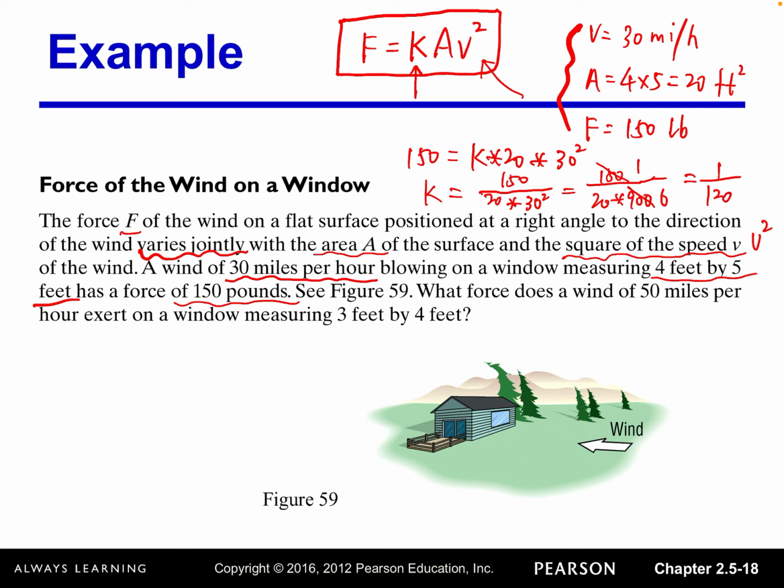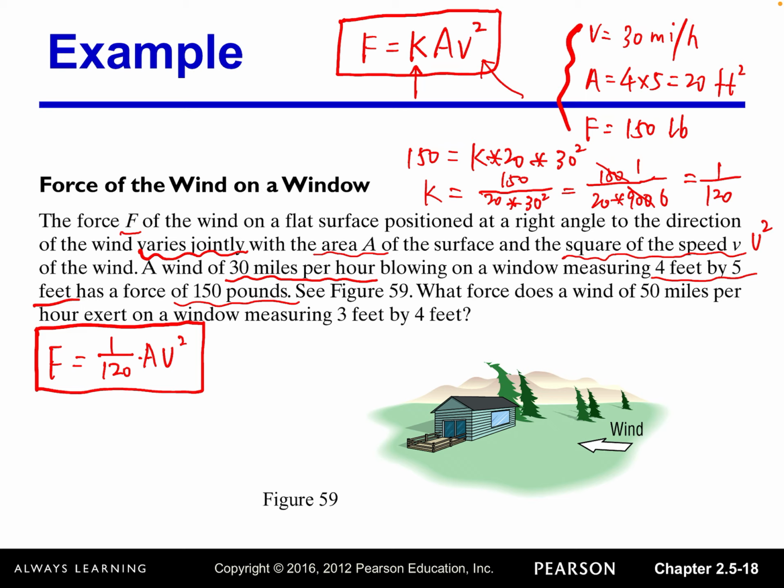K equals 1 over 120. So now we can update the formula. F equals 1 over 120 times A times V squared. Okay, that's our formula. This is the combined variation model we constructed.